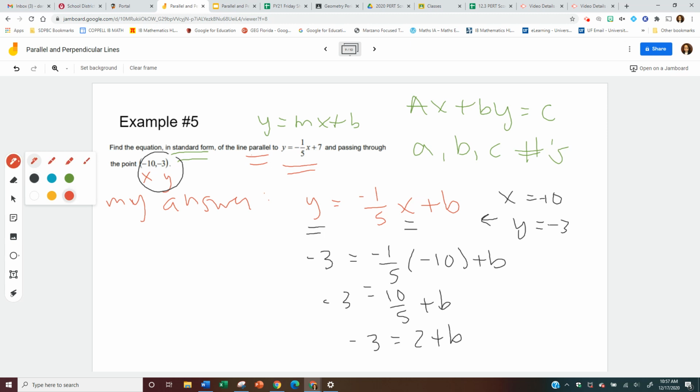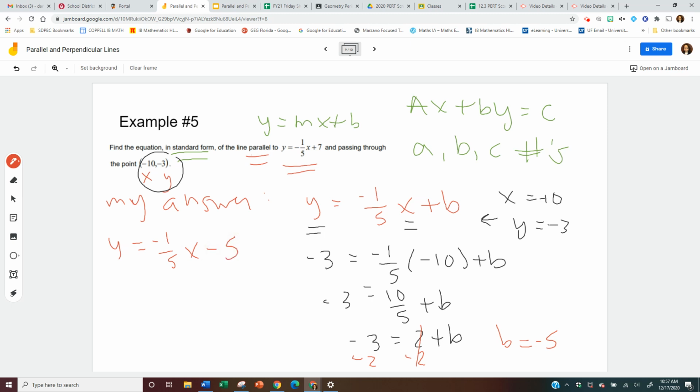And the way that I'm going to do that is I'm going to subtract 2 on both sides. -3 minus 2 is -5. So my answer so far is y equals -1/5 x minus 5.